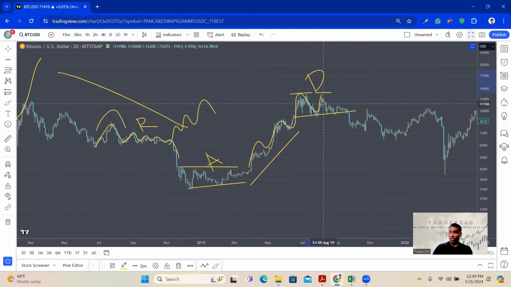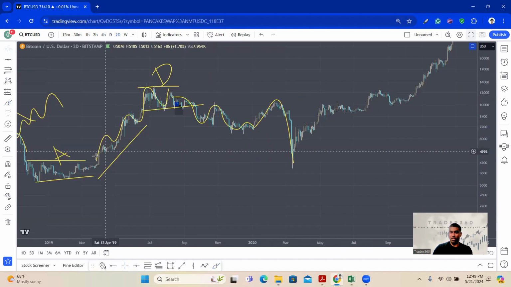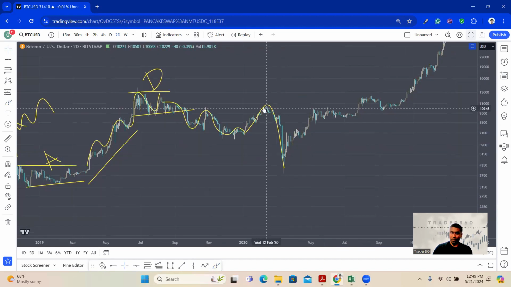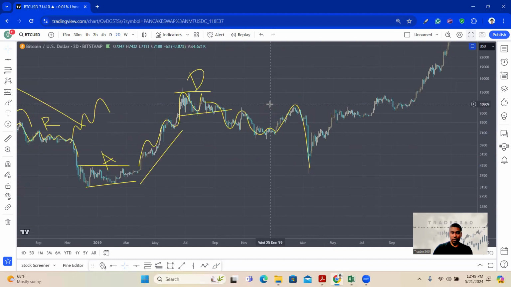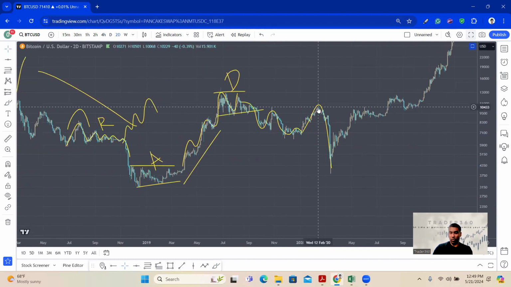And again, the wave started to come down. And this was actually, let me show you, the Corona dump. In February 2020, if something really, really big happens in the market, the prices crash like this as well.